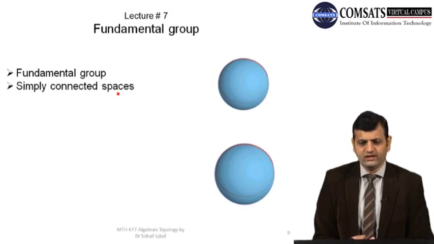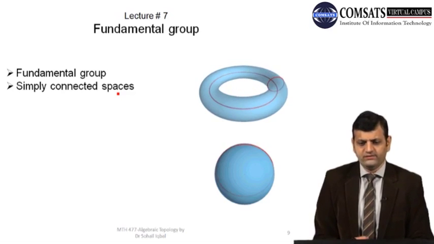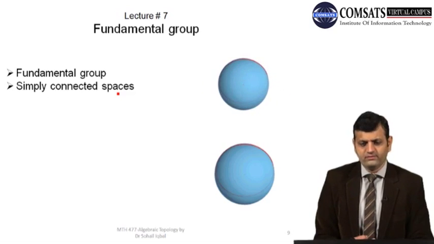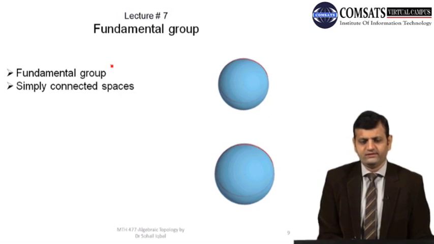Give me a topological space, I'll give you some group associated to it. That's why this is one of the very important concepts of algebraic topology. In other words, this is our first bridge that connects algebra with topology, one of the simple bridges connecting topology with algebra.